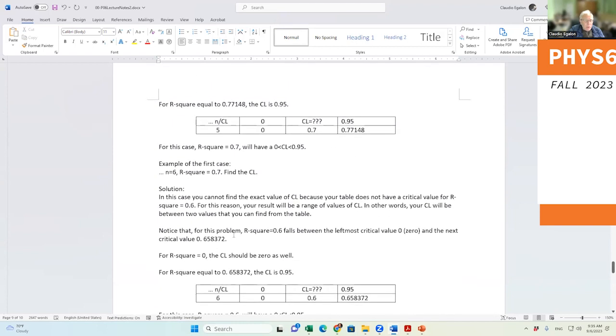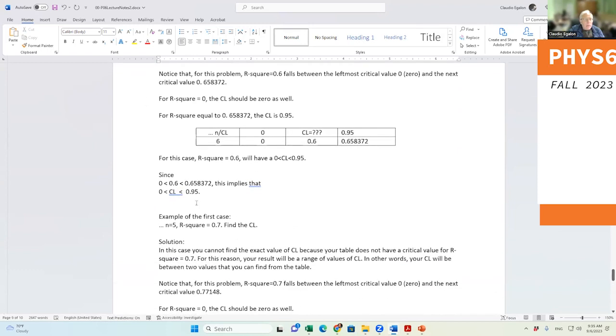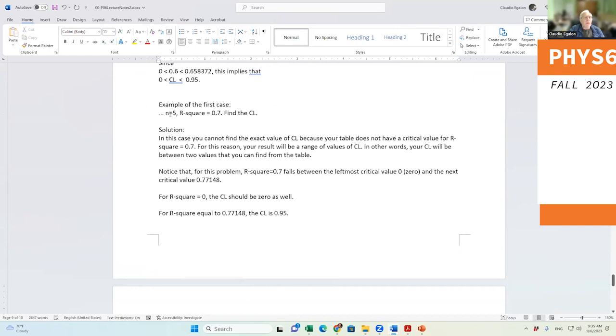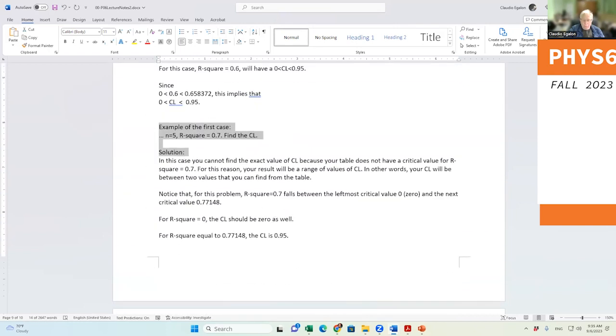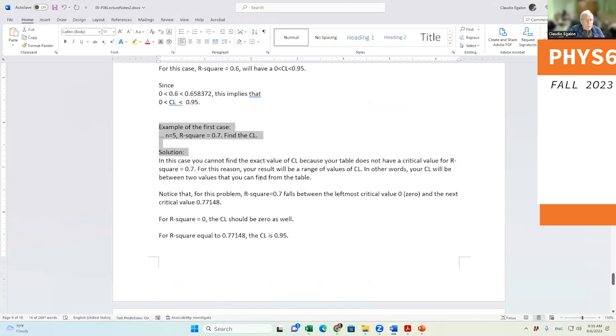Here is the example of the first case, n equal to 5. Now we want a problem in which your R square is to the right, greater than what you see right here. So n is still n equal to 5.